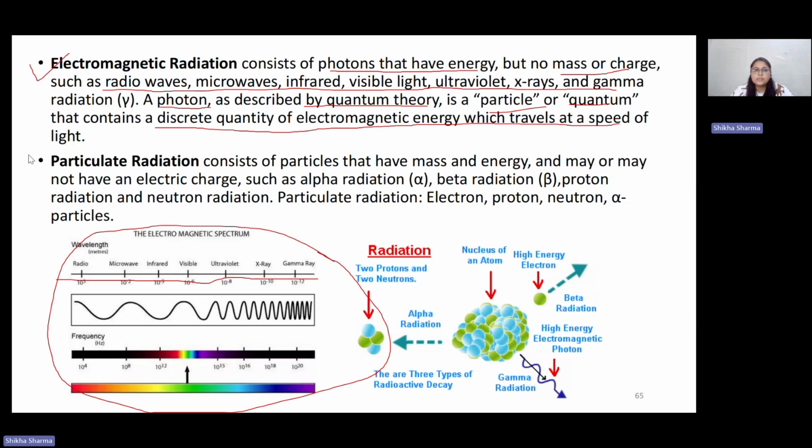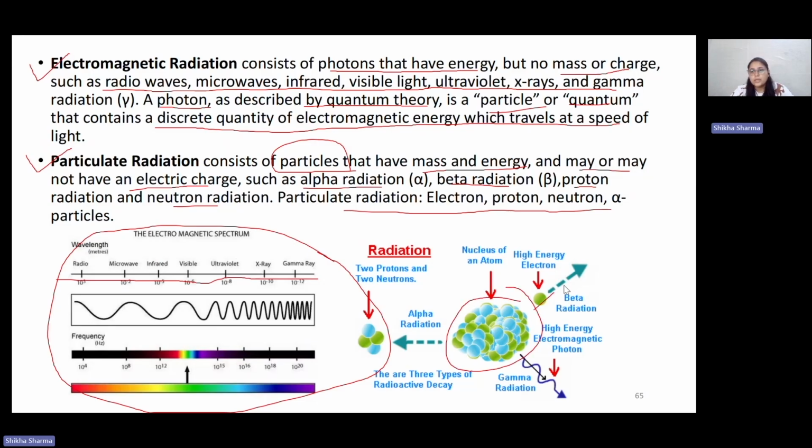Then there is particulate radiation. It consists of particles that have mass and energy, and may or may not have an electric charge, such as alpha radiation, beta radiation, proton radiation, and neutron radiation. So particulate radiation contains electrons, protons, neutrons, and alpha particles. This is the nucleus of an atom.